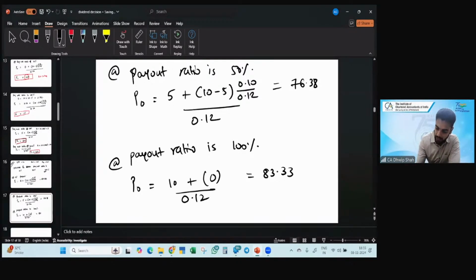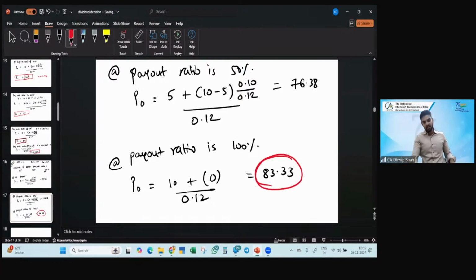So can you see my market price is maximum when payout ratio is 100%. Understood? When ROI is less than KE, wealth of the shareholders is maximum when payout ratio is 100%. Distribute everything. Why? Because they can earn better than the company can earn for them.